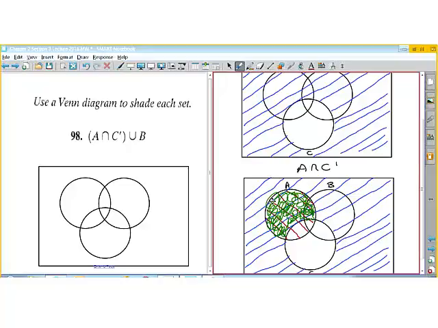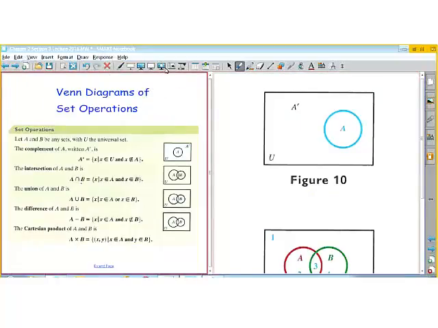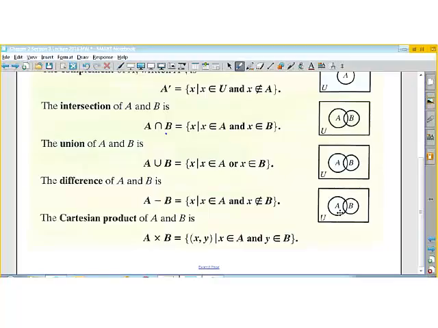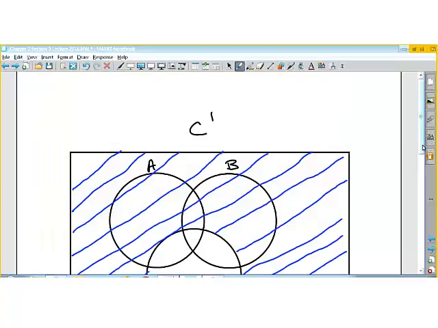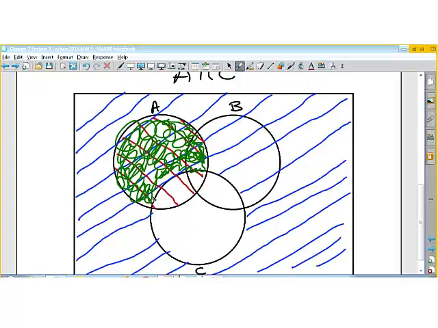Now before we go on, let's go back to this screen. Compare what that looks like with what we just did. So they look kind of the same, don't they?